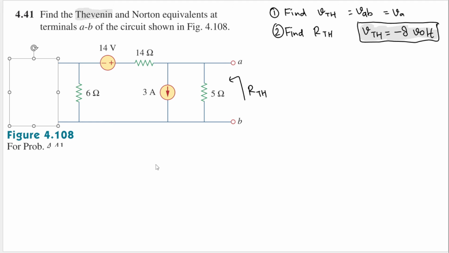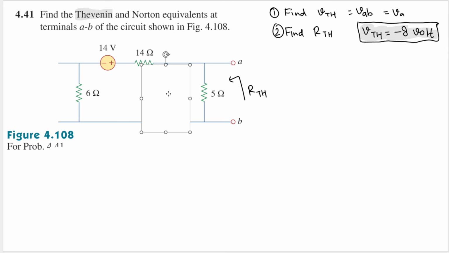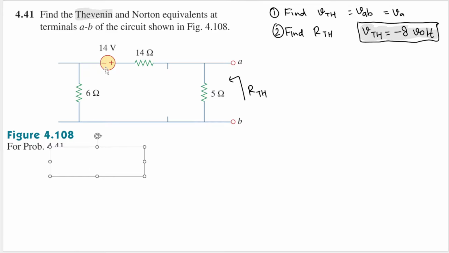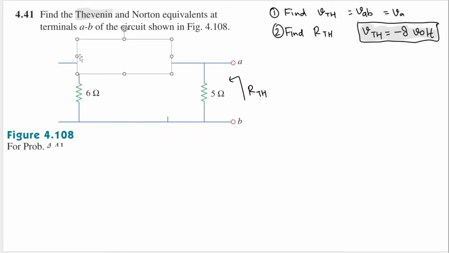So this 1 ampere is replaced by open circuit. And then the other current source is also replaced by open circuit like this. And then the voltage source is replaced by short circuit. Okay. Put it like this.